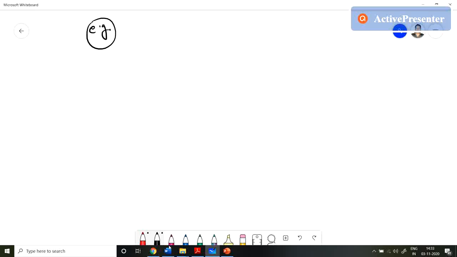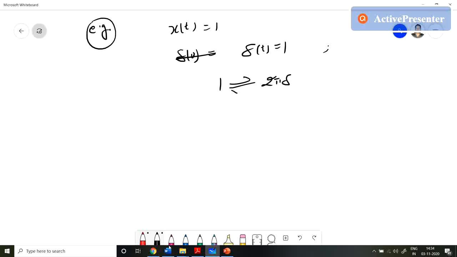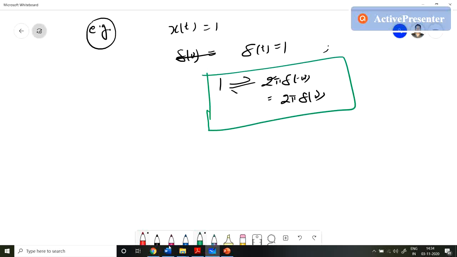Okay, now again, if we have x(t) equal to 1 and we take omega, then since the Fourier transform of delta(t) is 1, 1 has Fourier transform 2 pi delta(-omega), which equals 2 pi delta(omega). So if we write in terms of omega, we have to multiply by 2 pi.